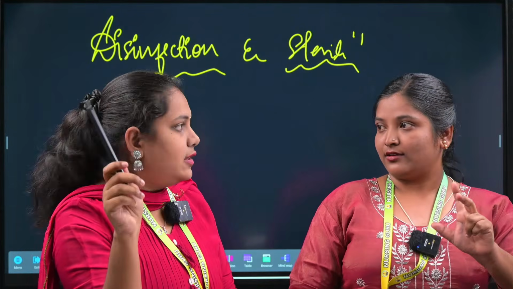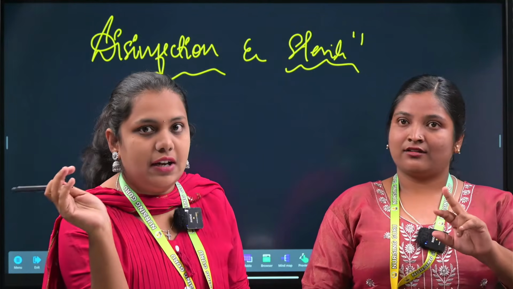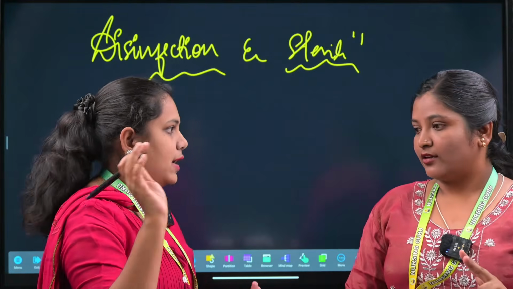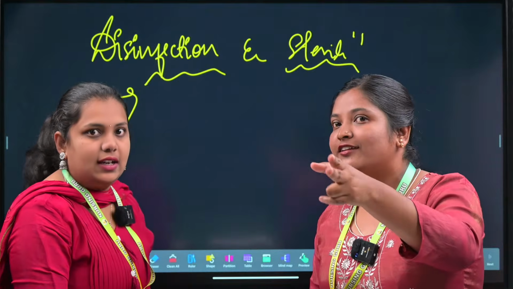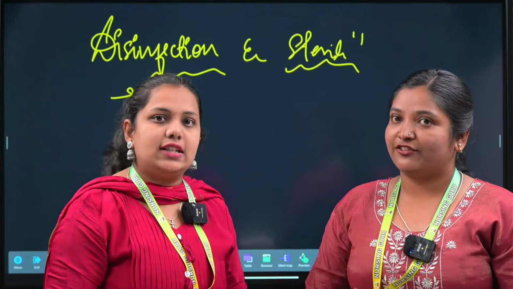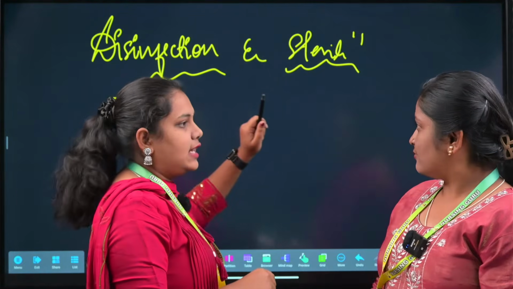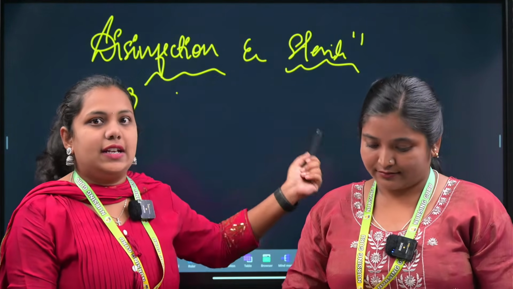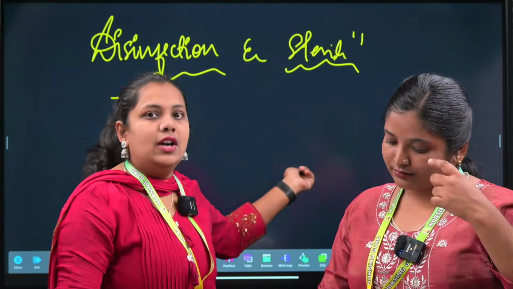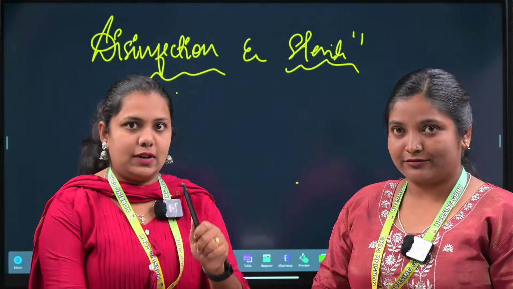Definitely they will ask you this question for your 15 marks or your 5 marks question. And 2 marks also they will ask, like the difference between disinfection and sterilization, or they can ask define sterilization, define disinfection, enlist the methods of sterilization. For example, they can also ask what is autoclave. That is a very important question.